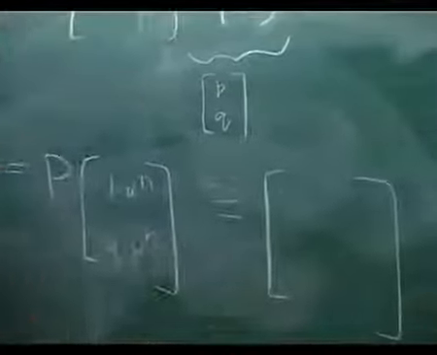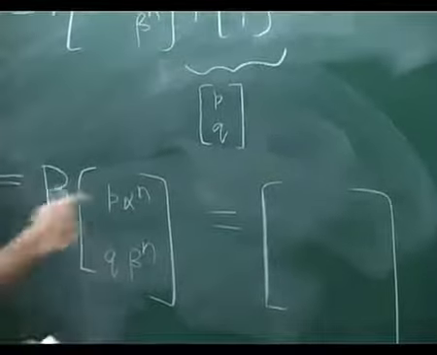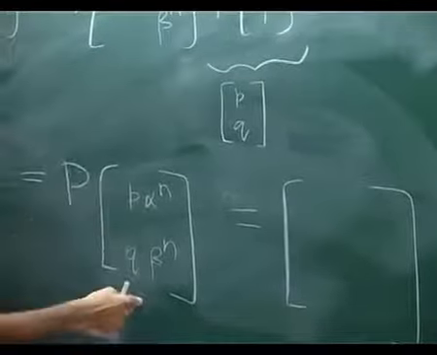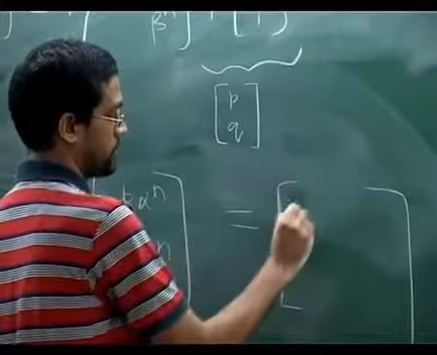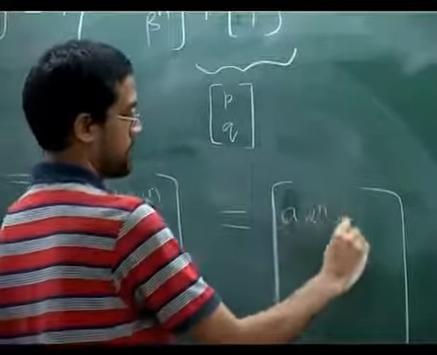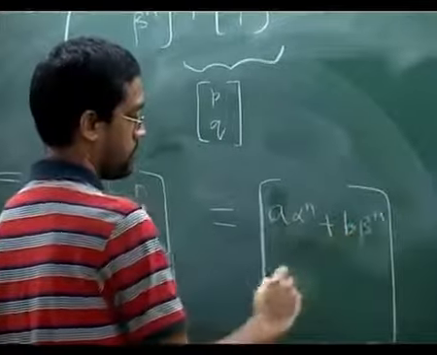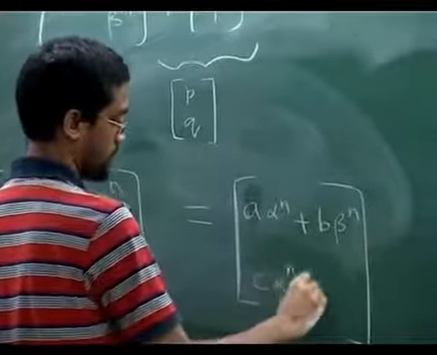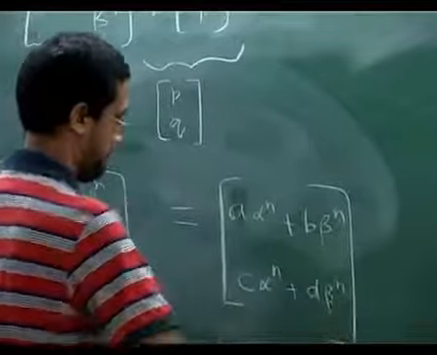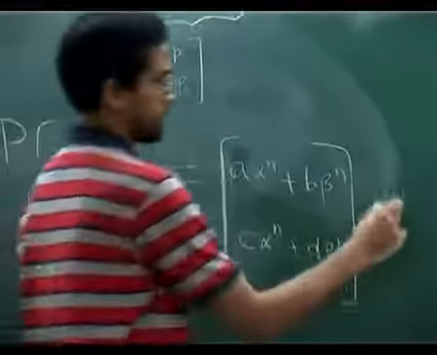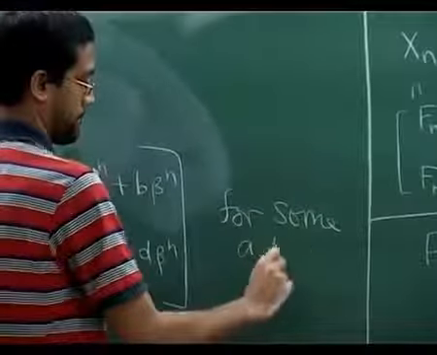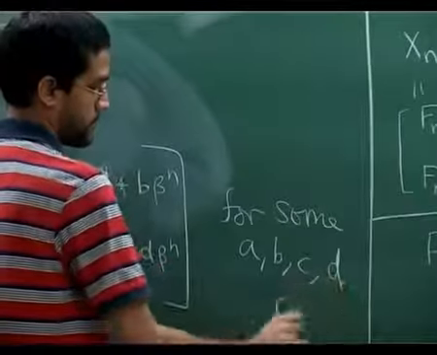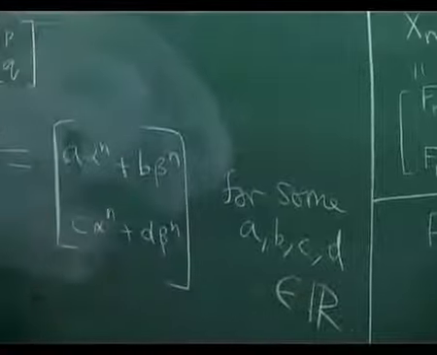The first entry will look like some multiple of alpha power n plus some other multiple of beta power n, so let's call it A alpha power n plus B beta power n. The bottom will look like C alpha power n plus D beta power n, for some real numbers A, B, C, D.